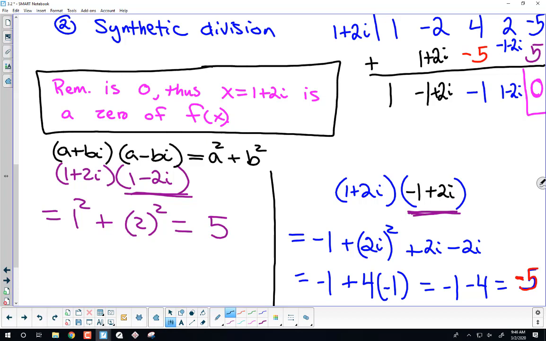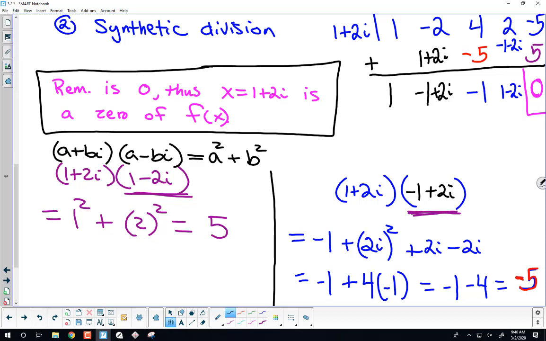All right. Questions on that example? Yeah. How would we rewrite that with the 1 plus 2i? We just put it in parentheses and start with x? Yeah, right.